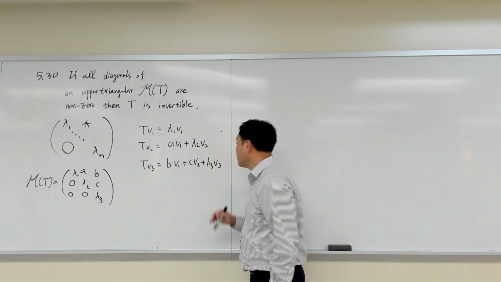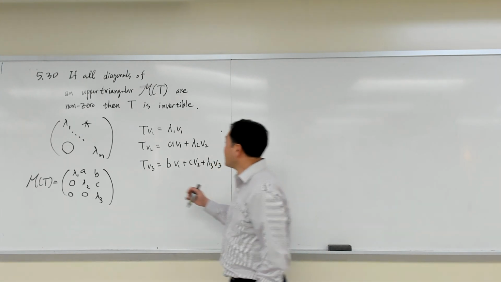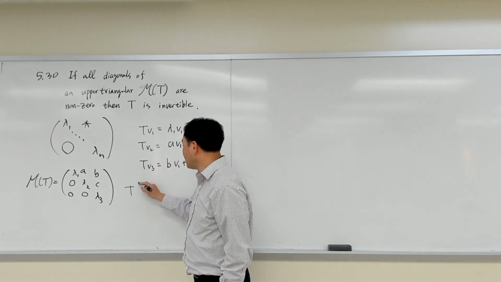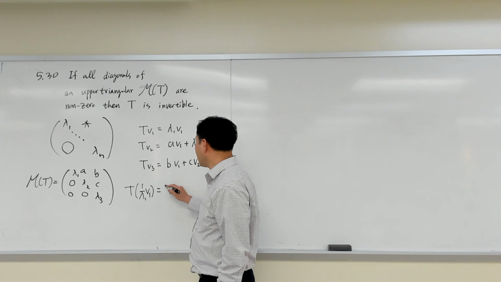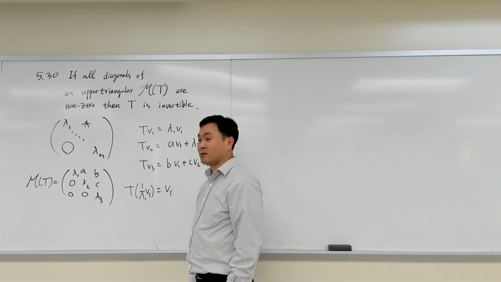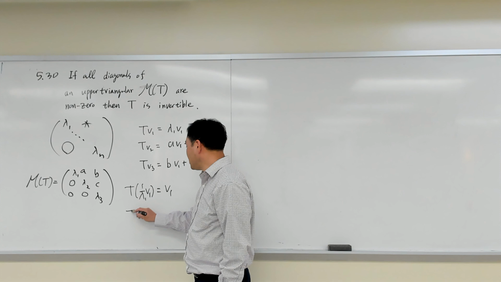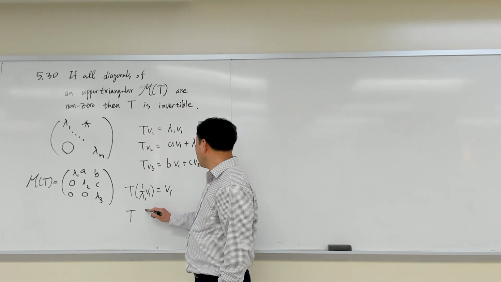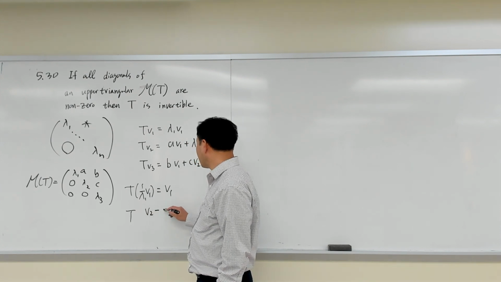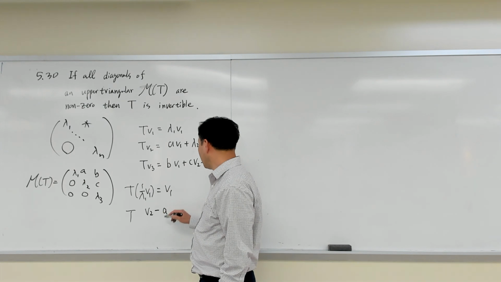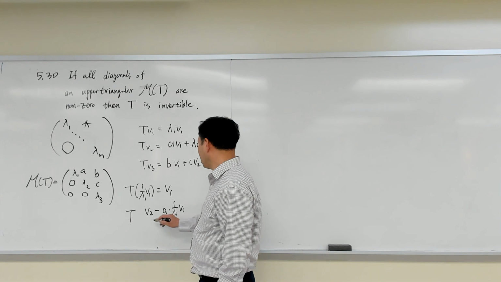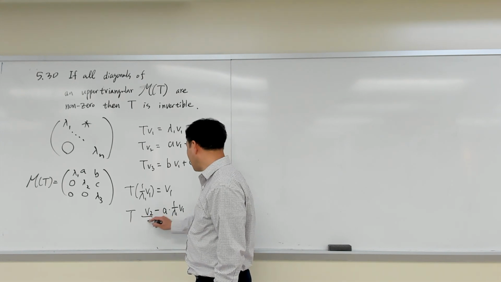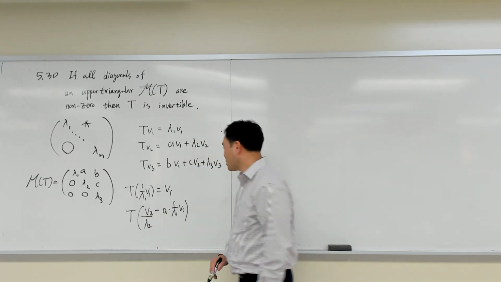So what that means is that if I take T of 1 over lambda 1 v1, that gives you v1, right? And then you can also do T of v2 minus a times 1 over lambda 1 v1, all divided by lambda 2. What does that give you?